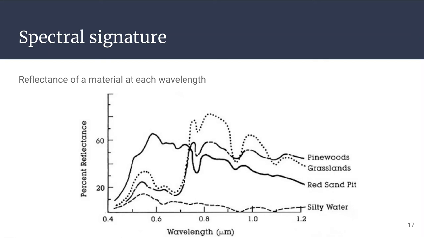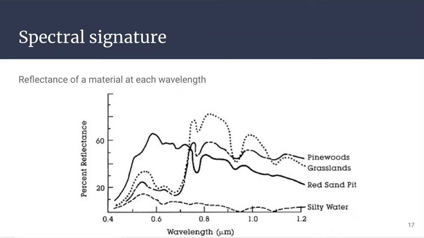So that percentage reflectance, or how much an individual object reflects in different parts of the spectrum, can be graphed like these graphs shown on the slide here. On the y-axis we have percentage reflectance. That's how much of the light that hits an object in a specific part of the spectrum actually gets reflected back away. And on the bottom we have wavelength.